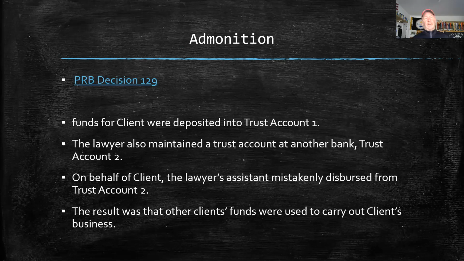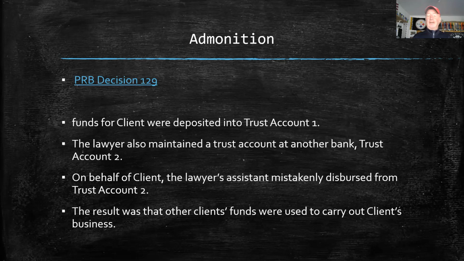This was, again, a real estate transaction being conducted by, say, Bank A. The lawyer's staff person wrote the check out of a different trust account, one maintained at Bank B. So what happens is the people who had money in trust with the lawyer in the Bank B trust account, their funds funded a different client's closing, a client who was closing out of the funds in the Bank A trust account. I think I just explained it pretty poorly, but the facts are right there.